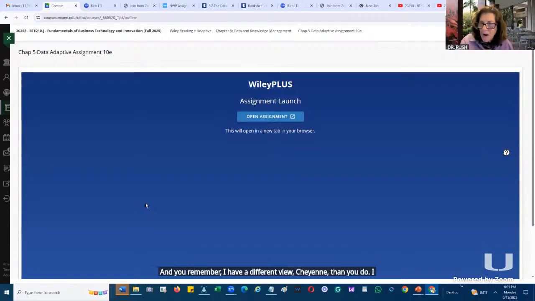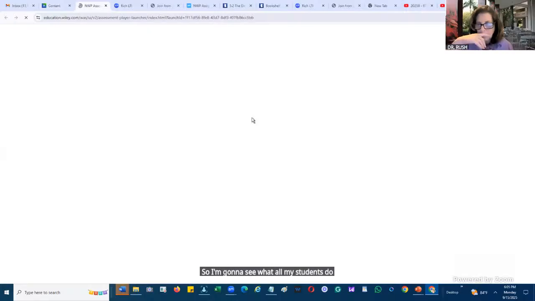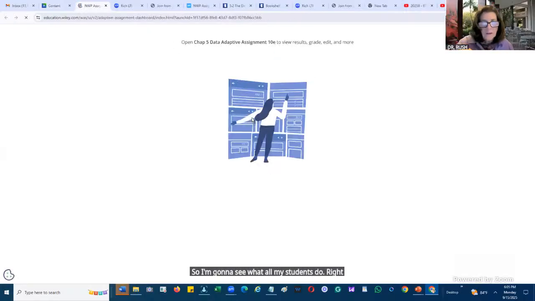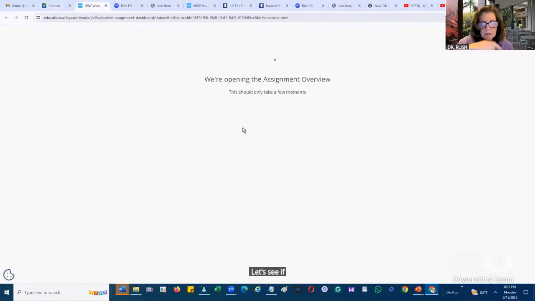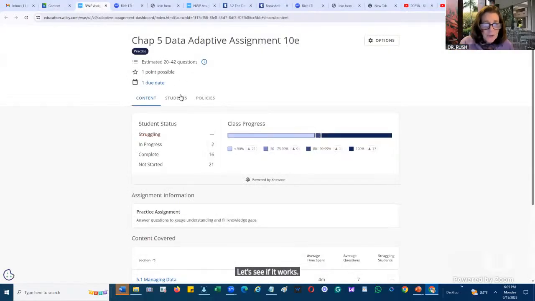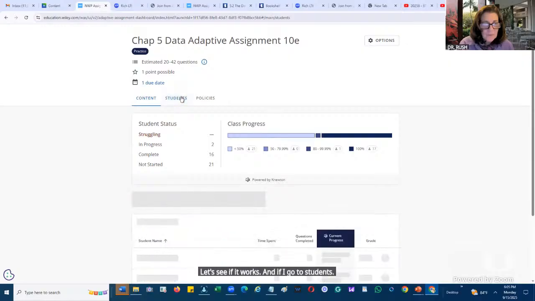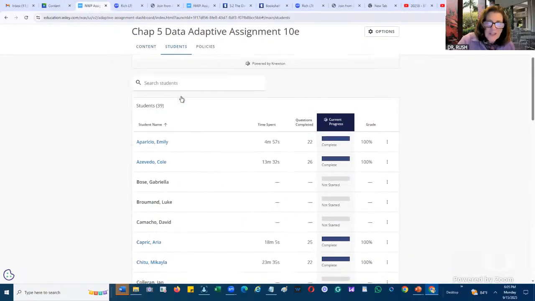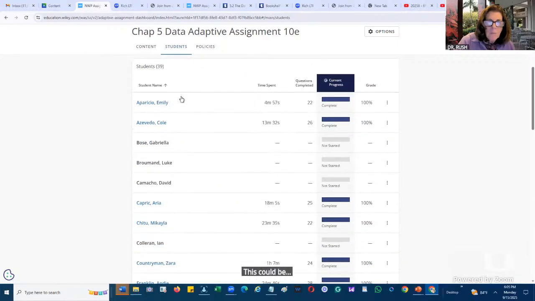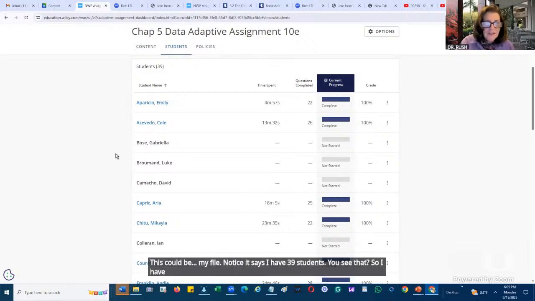I'm the instructor, so I see what all my students do. If I go to students, this could be my file. Notice it says I have 39 students. So I have 39 of these records.